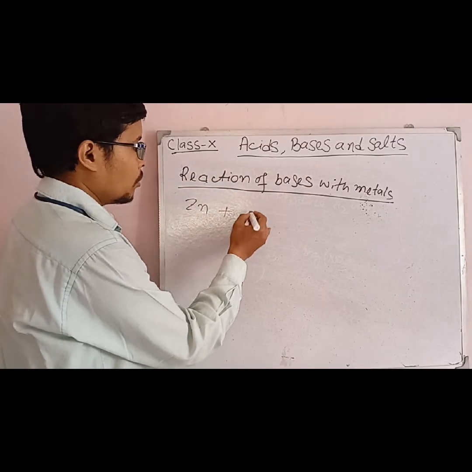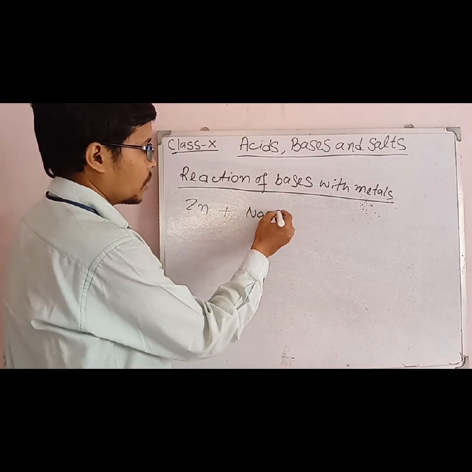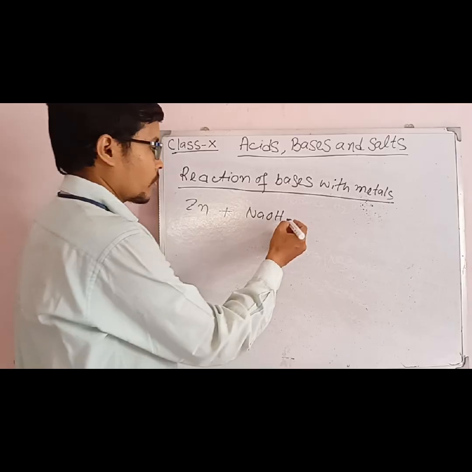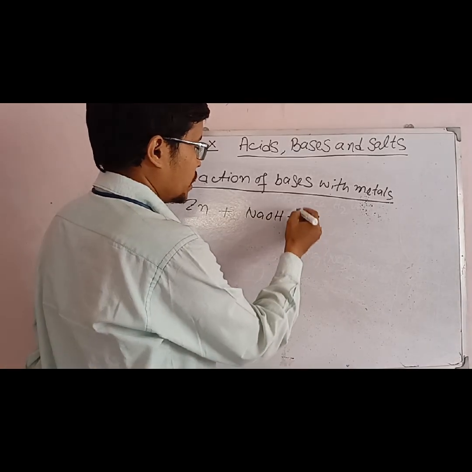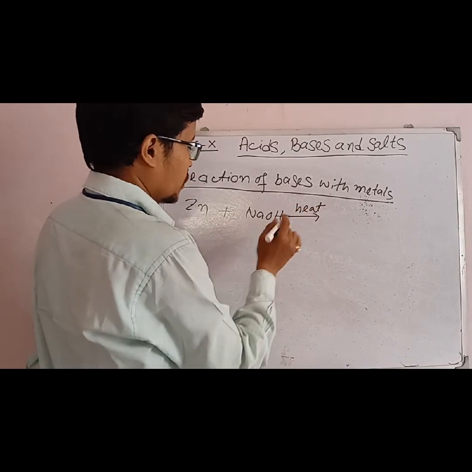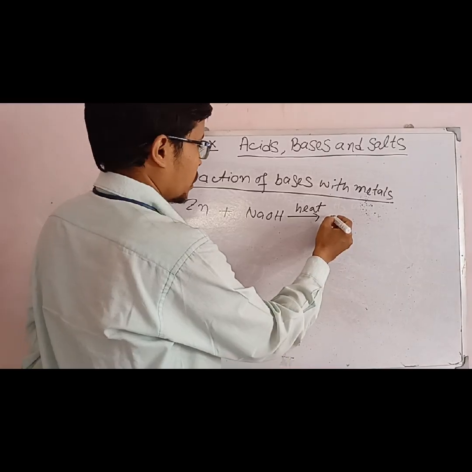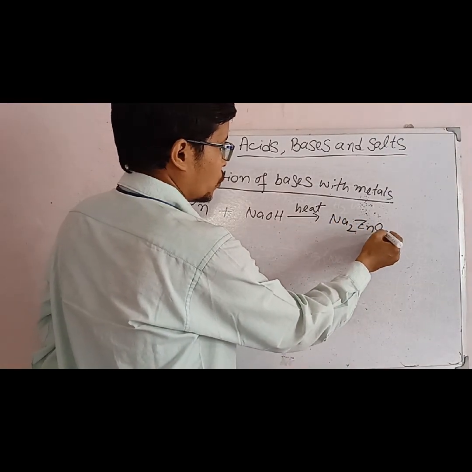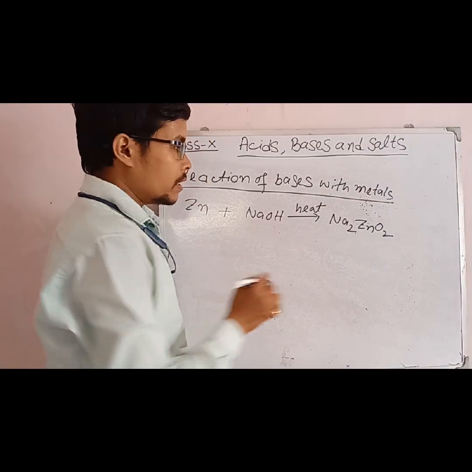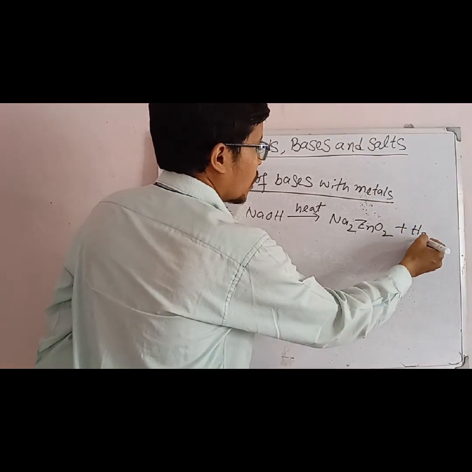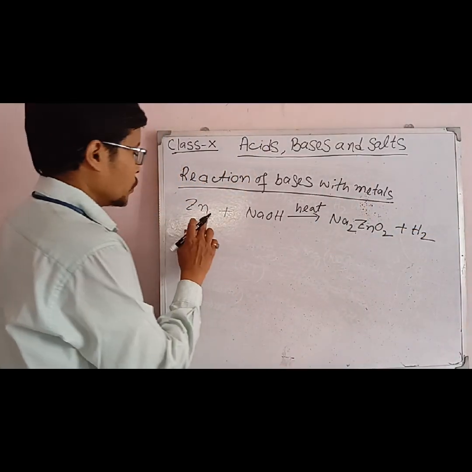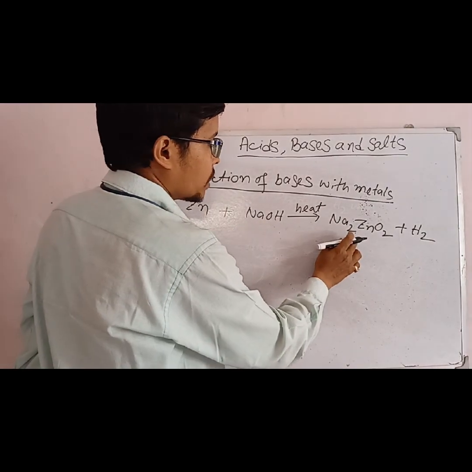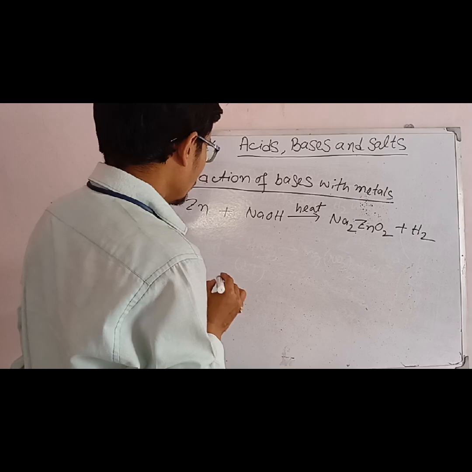So here zinc plus NaOH, a concentrated aqueous solution, and if we heat it, then the salt will be produced, Na2ZnO2, sodium zincate, plus hydrogen gas. So that is metal plus base giving the salt sodium zincate and hydrogen gas.